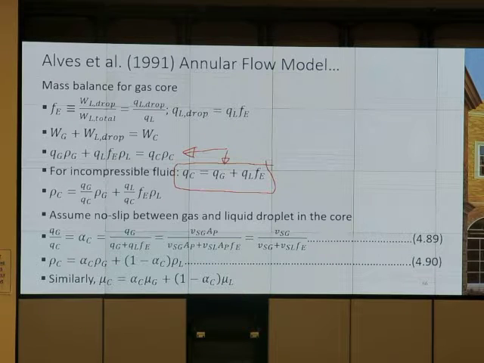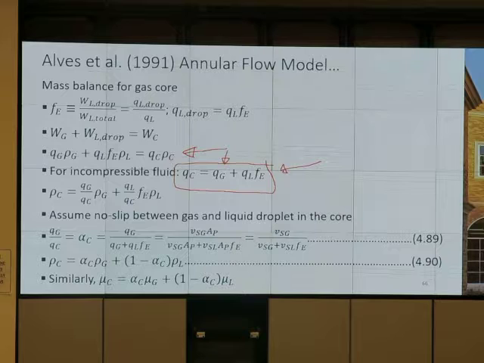Okay, so we say, hey, the total flow rate is the flow rate of each phase added together. You cannot do this if you add liquid droplet and the gas phase like they condense together or shrink. You cannot do this, right? But we say there's no time to shrink. There's no time to pressurize.